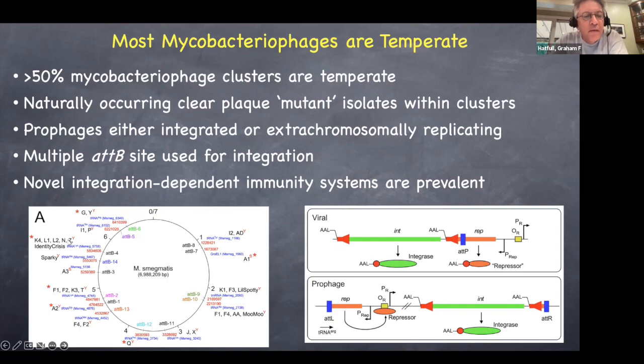For example, these integration-dependent immunity systems, which are unusual in that the attP site for phage integration is located inside the gene for the repressor, such that in the viral form of the genome, the repressor is expressed. It has an SsrA-like degradation tag on the extreme C terminus, is degraded and is non-functional for superinfection immunity.